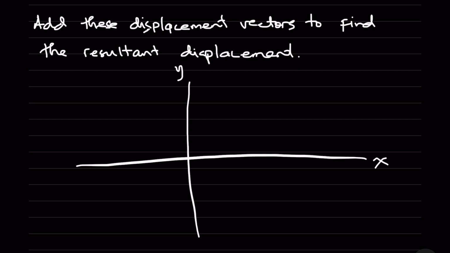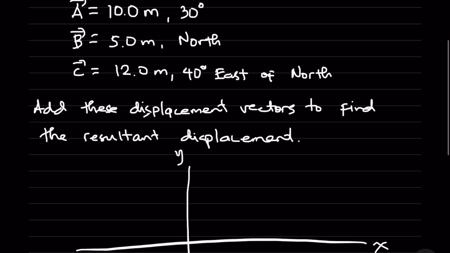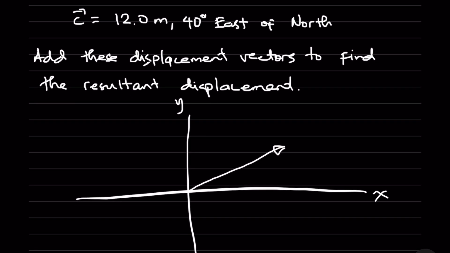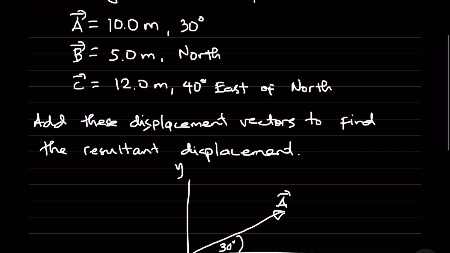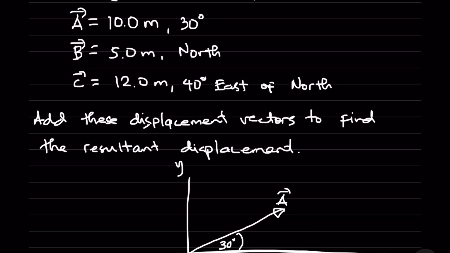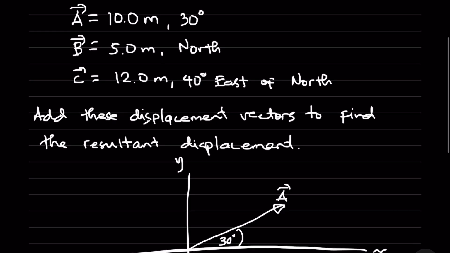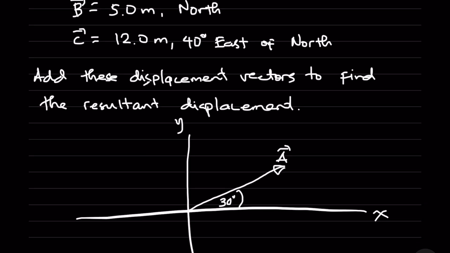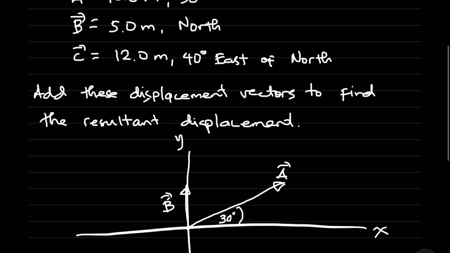So what we do first is draw a two-dimensional Cartesian plane and plot these three vectors. Vector A makes an angle of 30 degrees with respect to the positive x-axis as shown in the figure. Vector B is also shown in this figure. The direction is north, so that coincides with the y-axis.